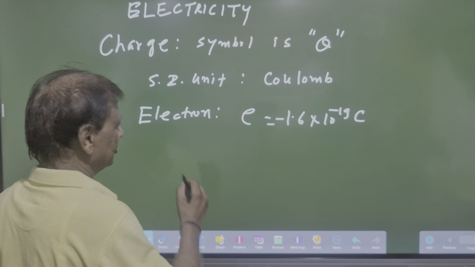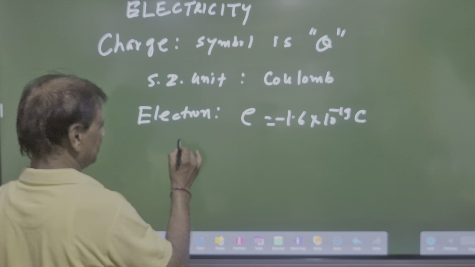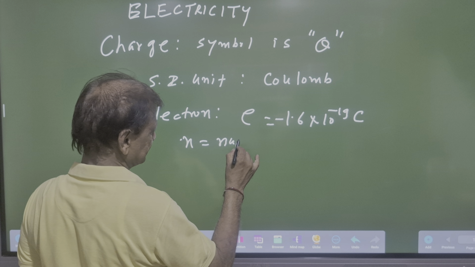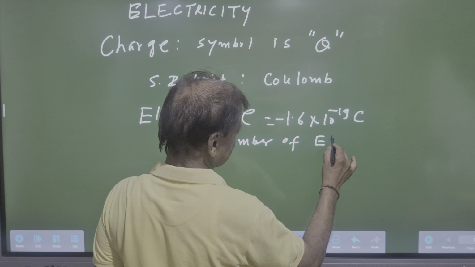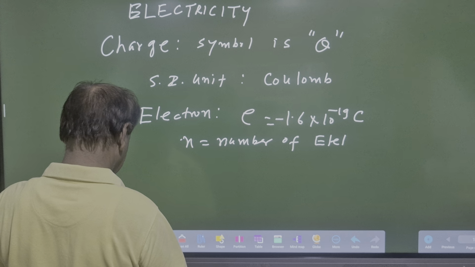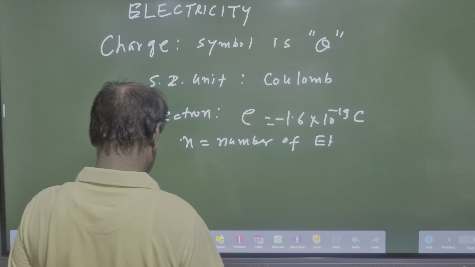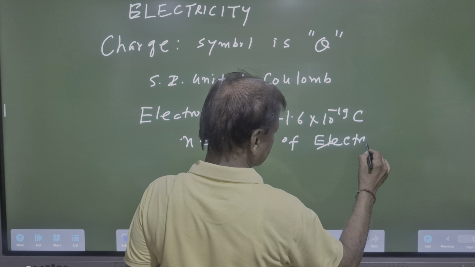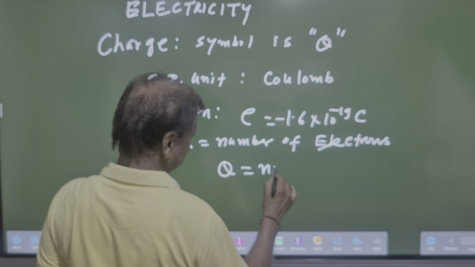Okay, so if the charge on one electron is this much, and if there are n electrons, n is the number of electrons, then Q equal to ne.